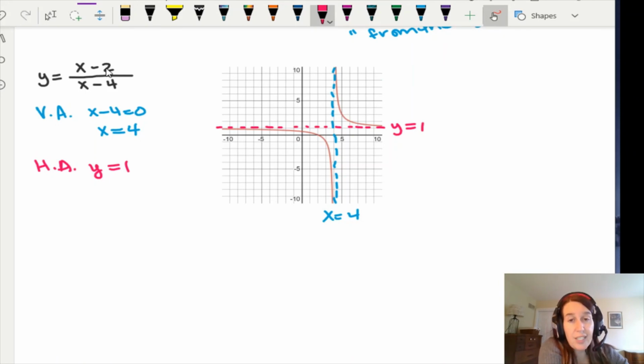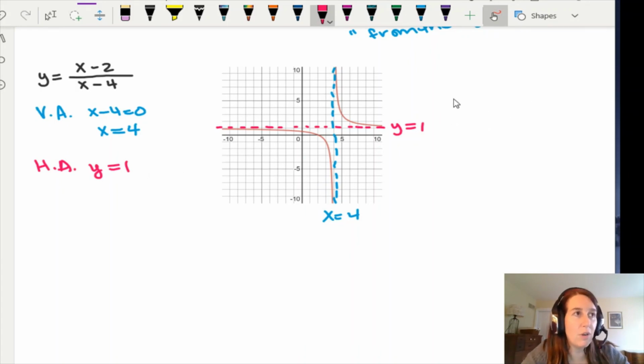Notice that we have the same degree on the top and the same degree on the bottom. What happens then with our horizontal asymptote is it will be the ratio of the leading coefficients. Okay, and we'll go over all those rules again in another video, but right now notice that this would be 1 over 1, and that's why it's at 1. Okay, let's talk limits though, okay?